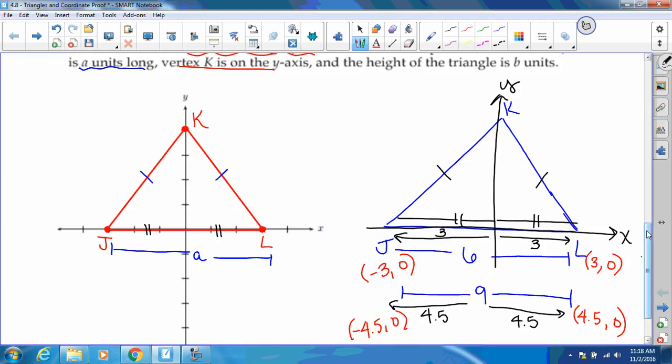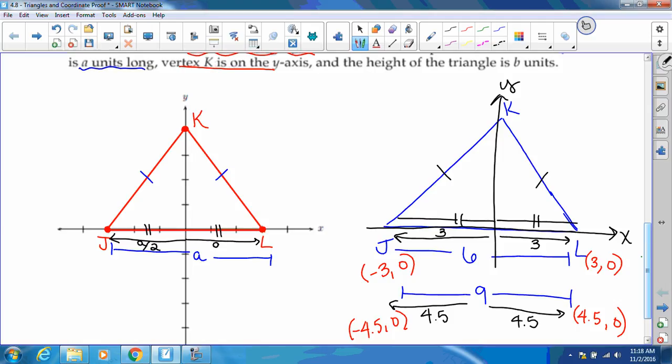So whatever the length of the base is, if you cut that in half, that's the distance we're traveling. So if I cut A in half, I'm traveling A over 2, or 1/2 A, in this direction.